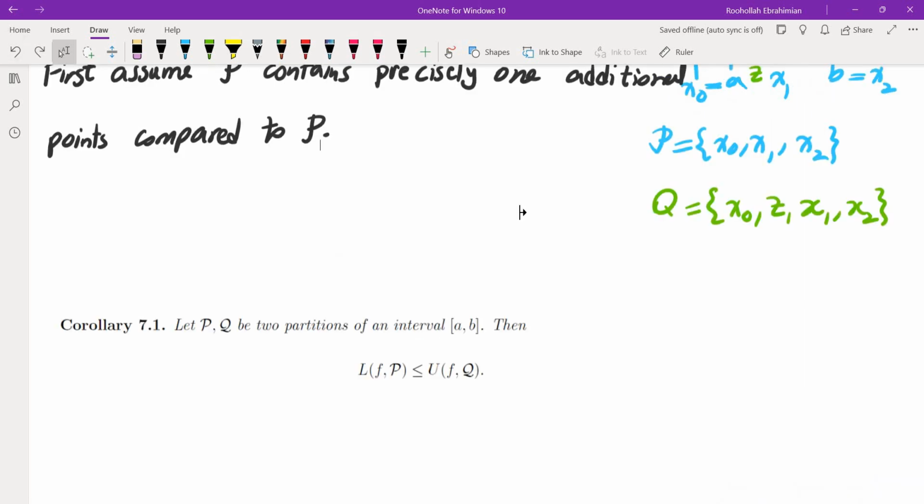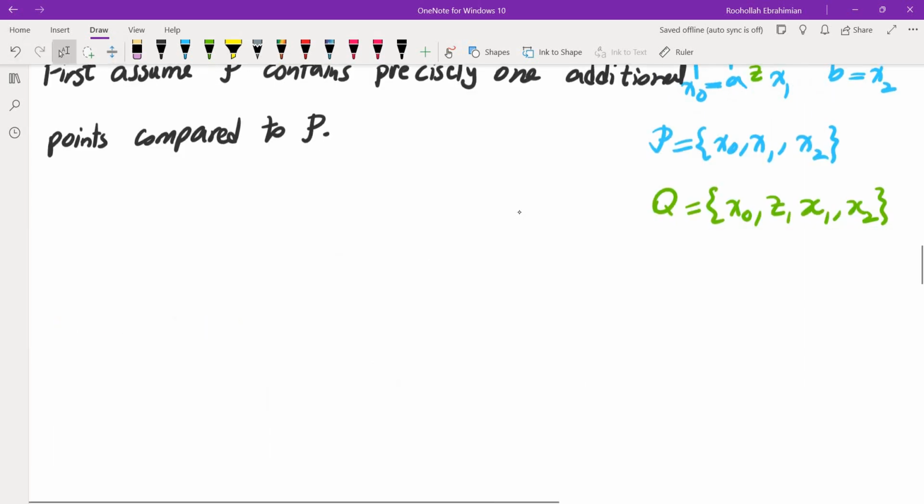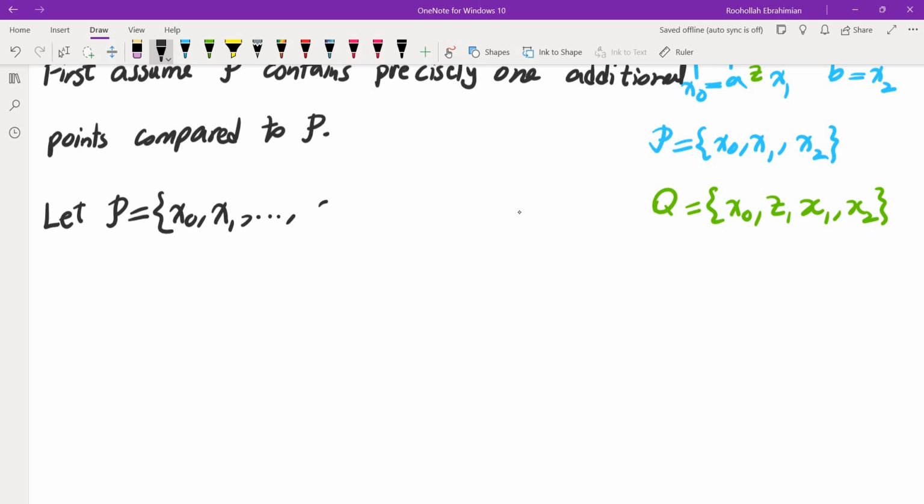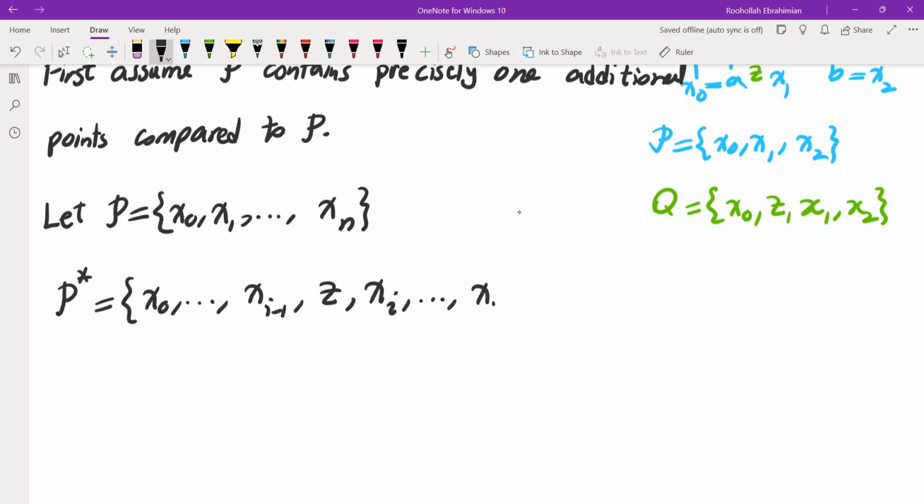So let's just say that additional point is Z. So let P be x0, x1, and so on up to xn, and let P star be x0, and so on up to x_{i-1}, then Z, that's the extra point, then xi all the way to xn.